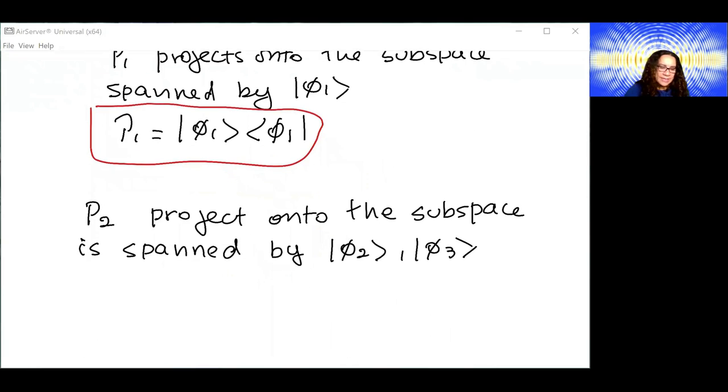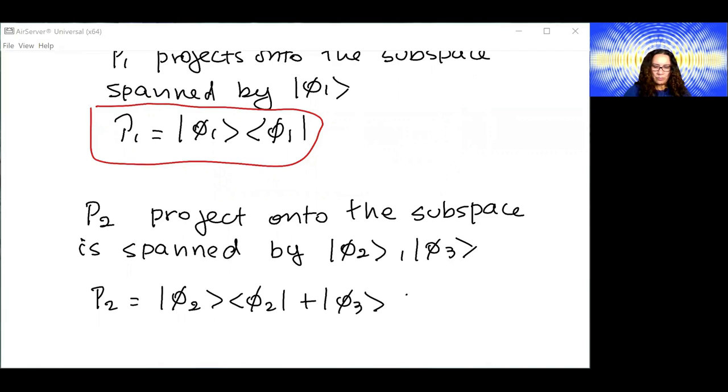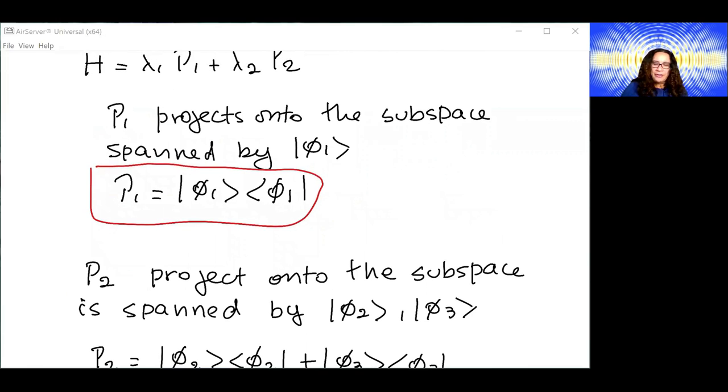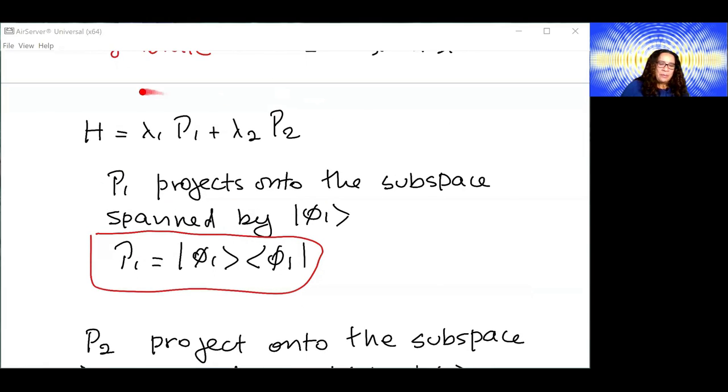So this projector looks a bit different. It looks like P2. Can you actually see the difference? What you pretty much have now is a projector that is spanned by two of our eigenstates, and it gives you one eigenvalue, and before you have one which is spanned by just one. So you see that you can write your operator like this.